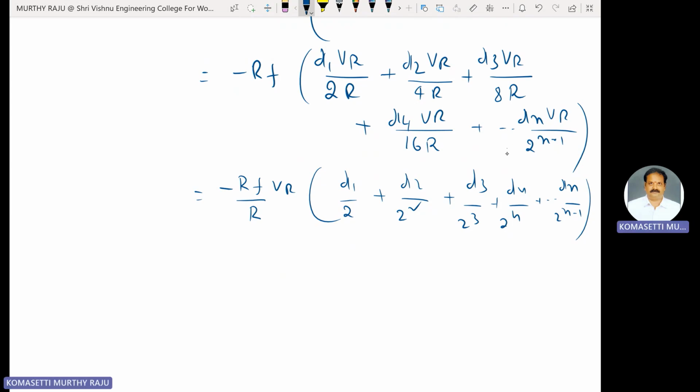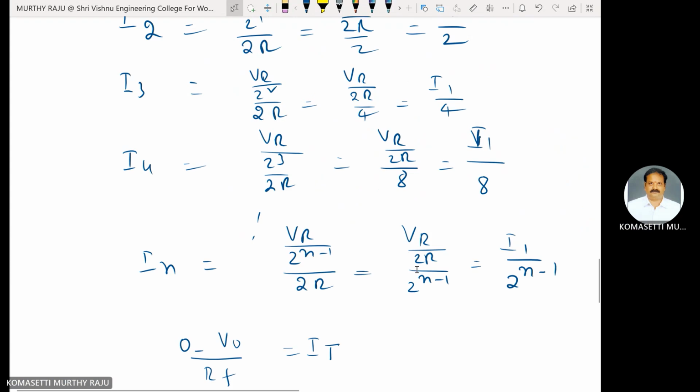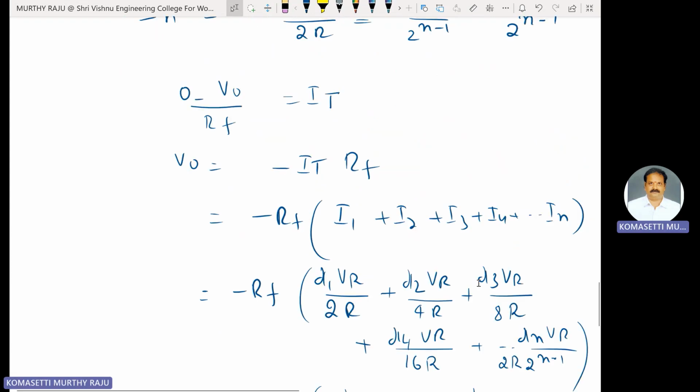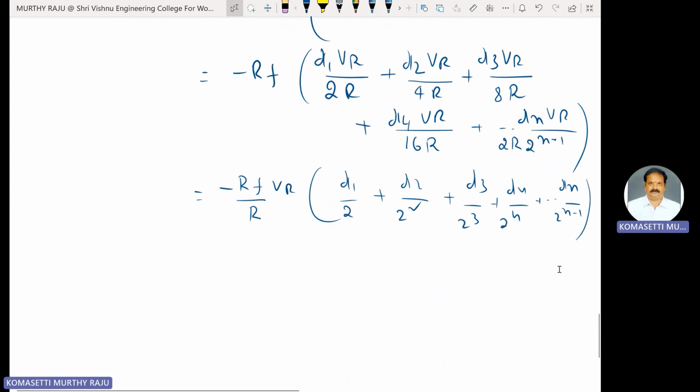Here also 2R. In is equal to VR by 2R by 2 power n minus 1.